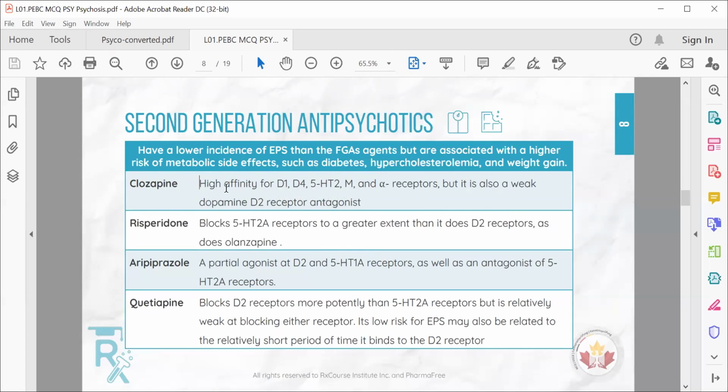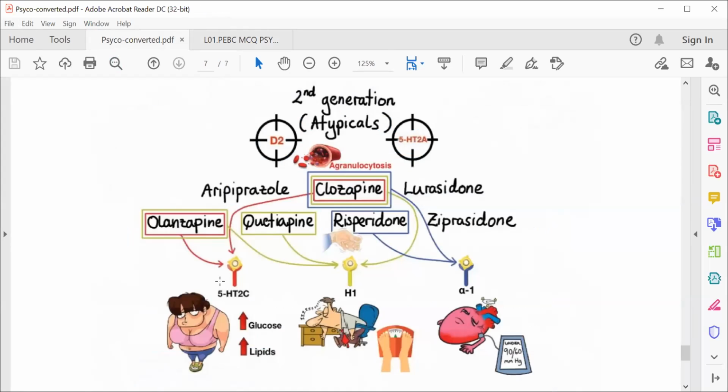As we see here, it works on many receptors, but the ones we really care about are those mentioned here: alpha-1 and the associated low blood pressure, and also 5-HT2C associated with high glucose and high lipid levels. We don't have to take all the information. We need to focus on the main things.